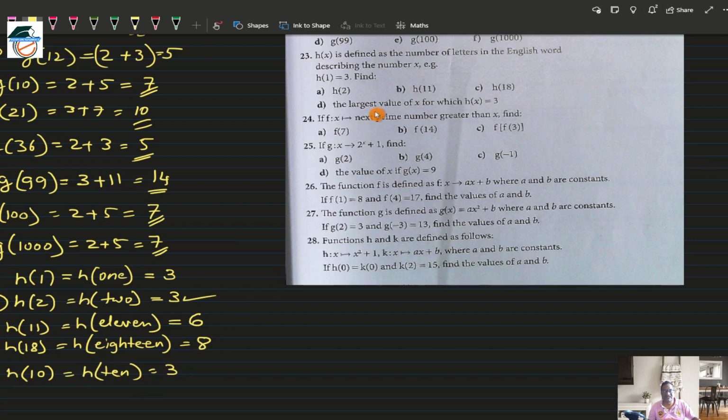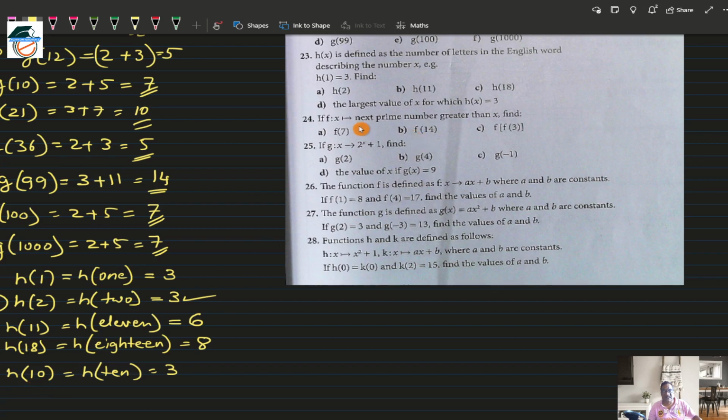So the last one is the largest value of x. The largest value of x in our case is now 10. So even though h of 1 and h of 2 work out to 3, h of 10 equals 3 too, and in this particular function, this x is the largest, that is 10.